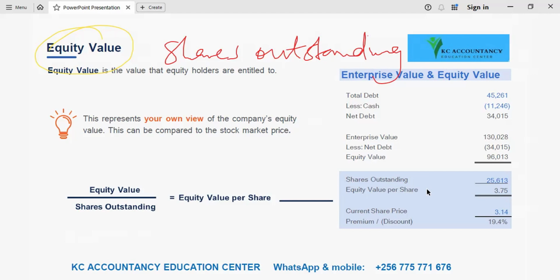So if we go forward, we might want to understand equity value as, first of all, the value that the equity holders are entitled to. But we might want to look at how to calculate the equity value per share.